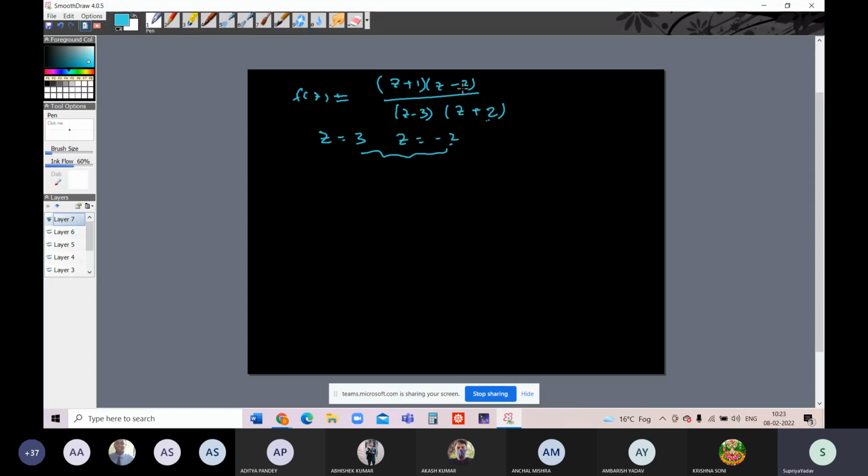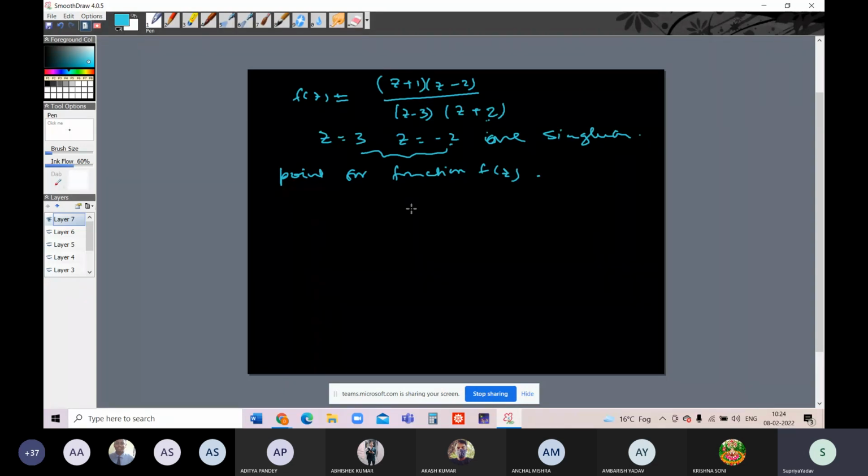At these 2 points the numerator is non-zero. So these 2 points, z = −2 and z = 3, are the singular points for the function f(z).